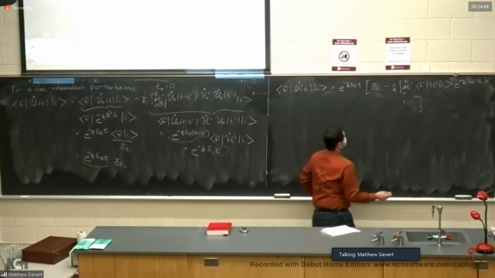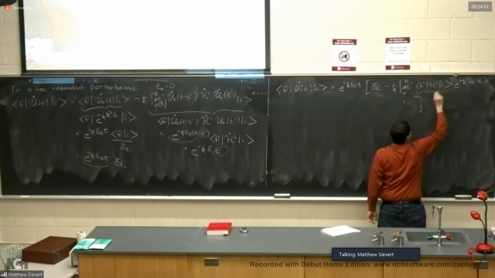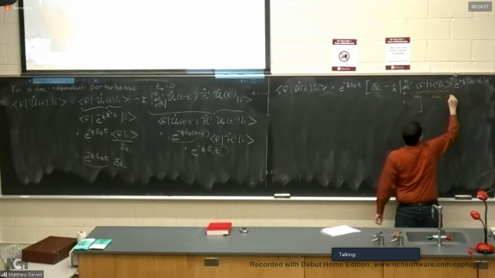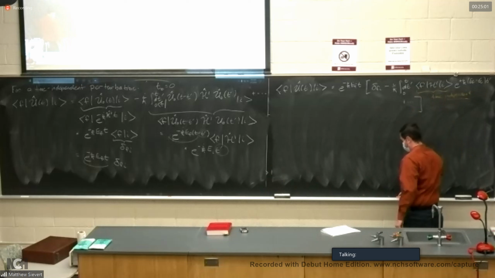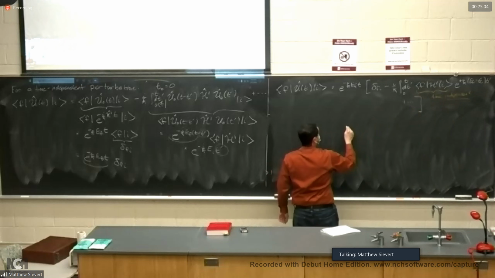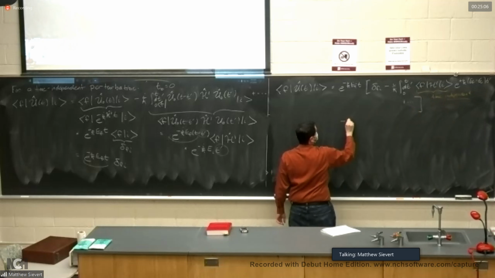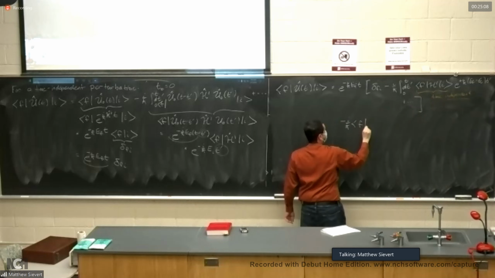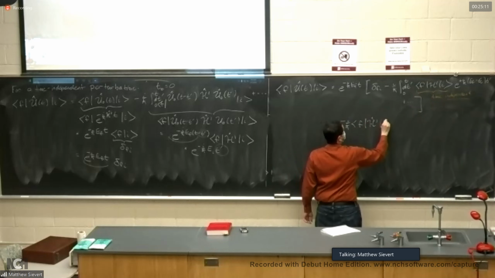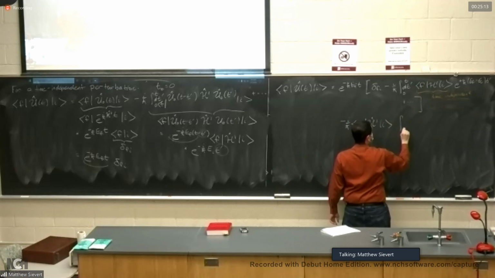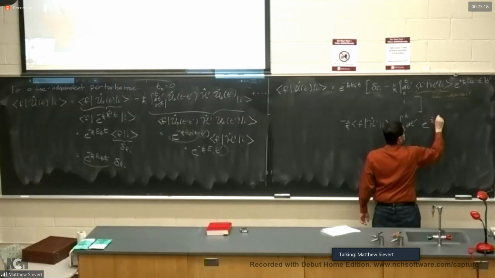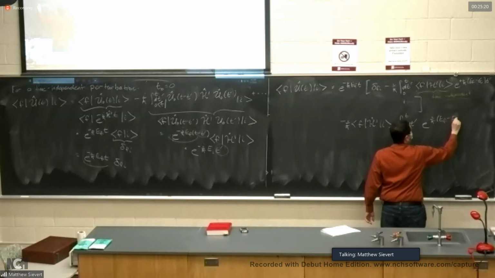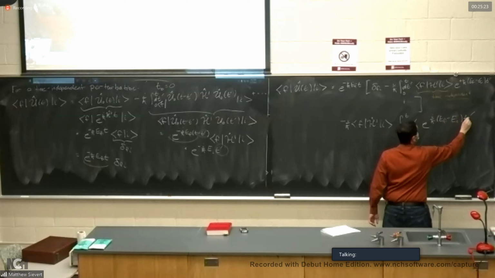I can go further than this because in time-independent perturbation theory, that matrix element is time-independent. So if I pull that phase factor out front, pull that matrix element out front, I have minus i over h bar, final, Hamiltonian, initial, and then the time integral from 0 to t dt prime, e to the i over h bar, E final minus E initial times t prime.